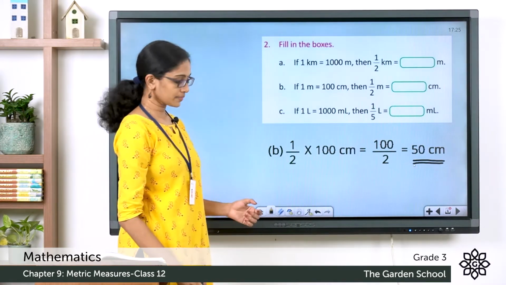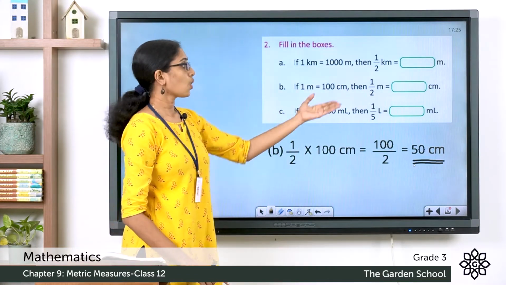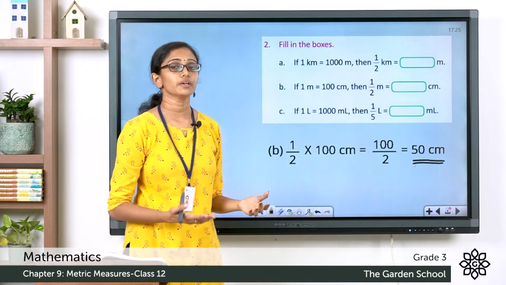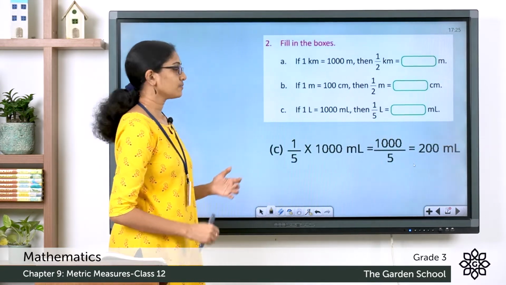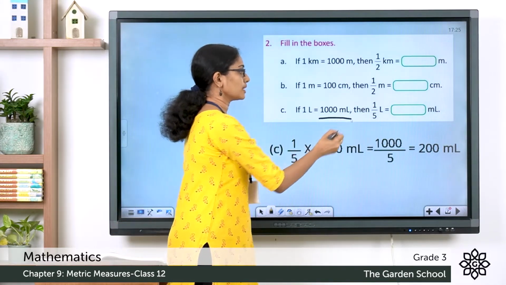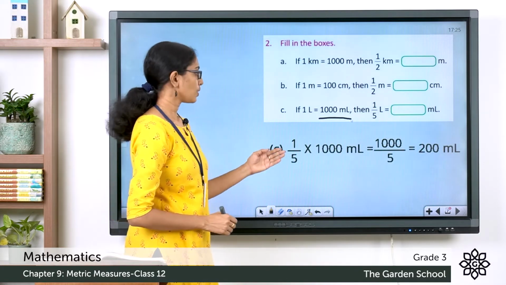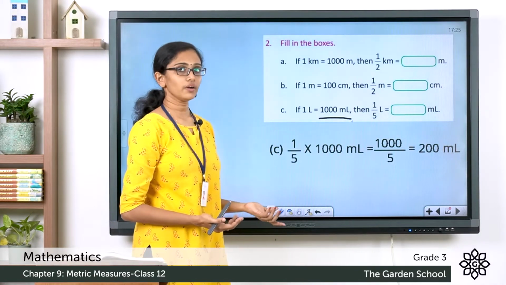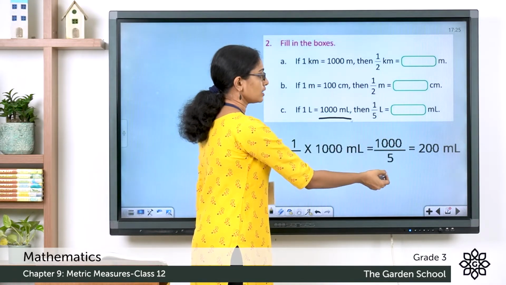Now the next one, 1 liter is equal to 1000 milliliters, then 1 by 5 liters, which means 1/5 of a liter. How do we find that? So 1/5 of a liter is equal to 1/5 of 1000 milliliters, which is equal to 1 into 1000 by 5. It is equal to 1 into 1000 divided by 5.